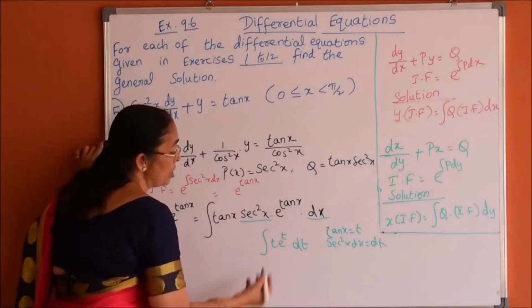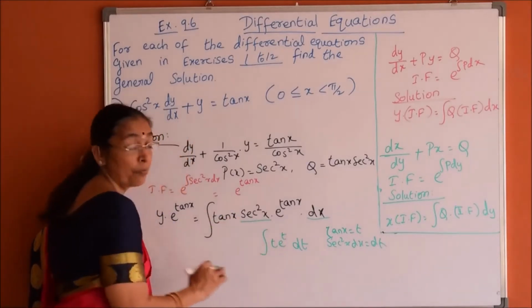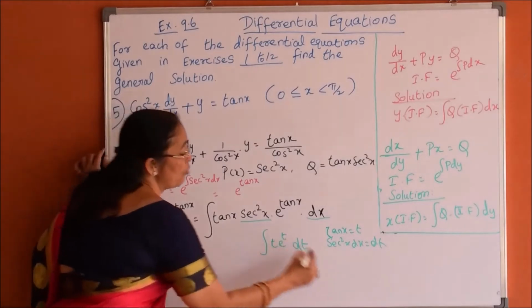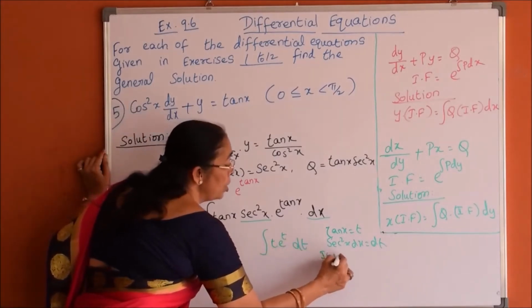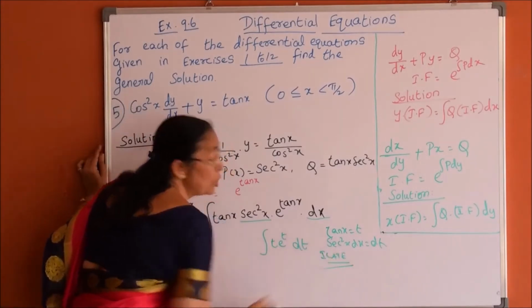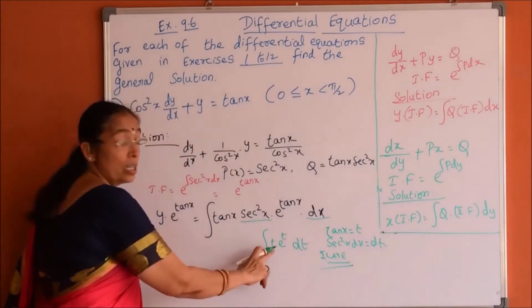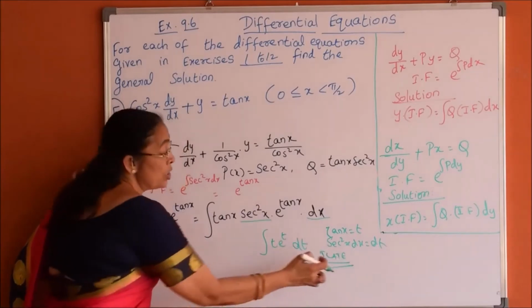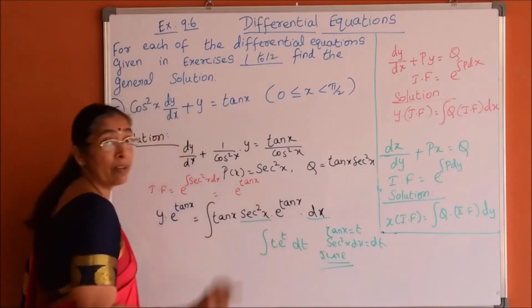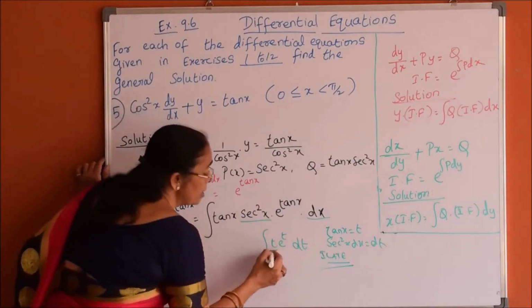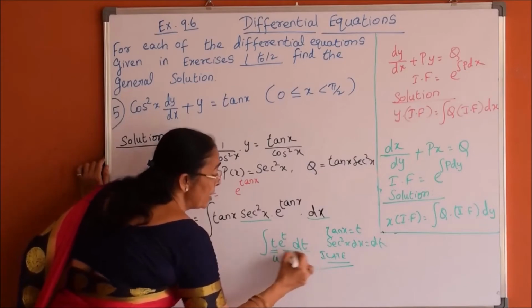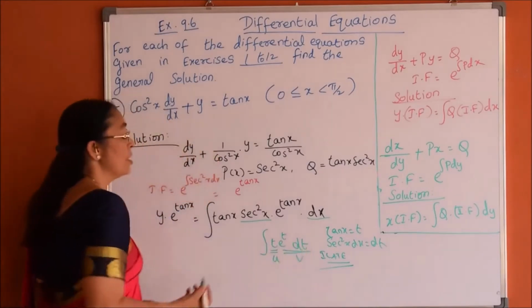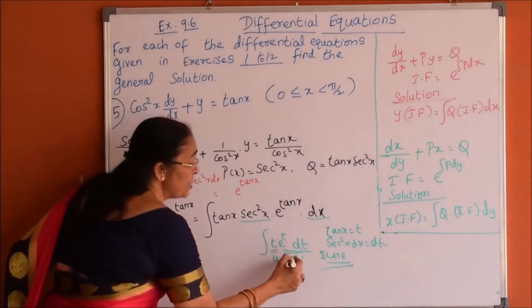So u will be t. Following the ILATE rule, t is our algebraic function and e power t is the exponential function. Since the algebraic function comes first, we consider u as t and e power t dt as dv.